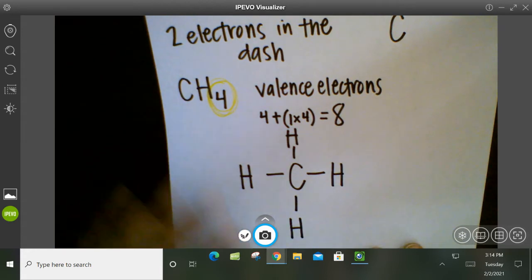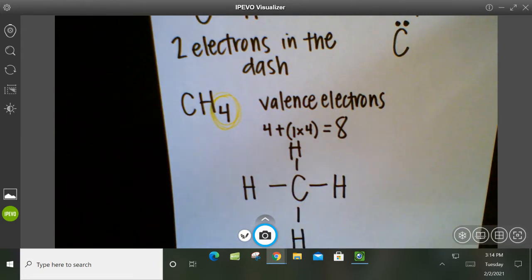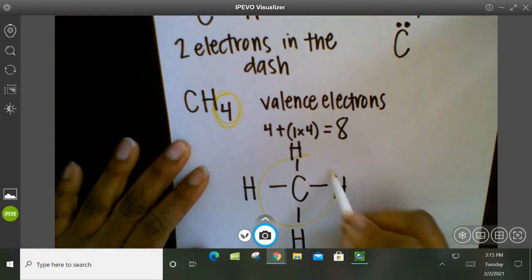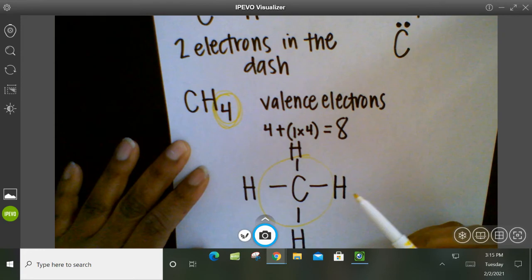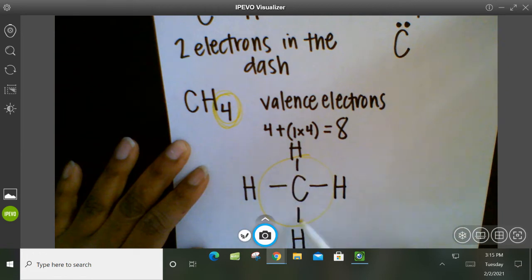Okay, now before I do anything else, I always like to come back and count to see what I have. All right, and so we're going to count, and I'm going to circle the carbon. And I see that each dash, remember, is two electrons, so it's 2, 4, 6, 8. Oh, wow.